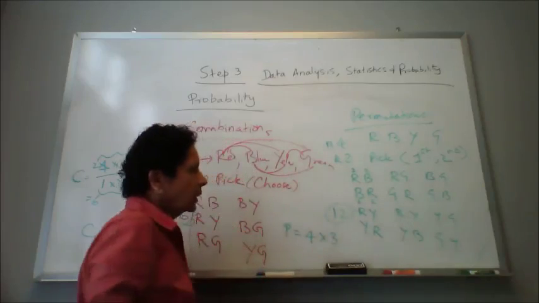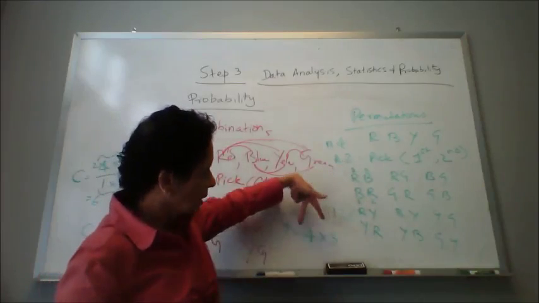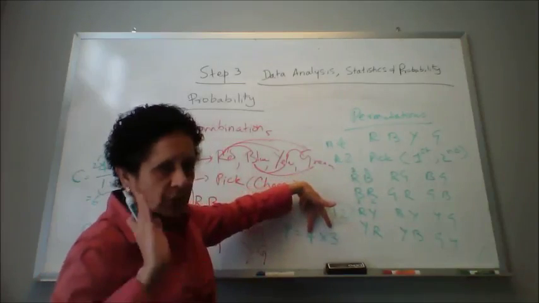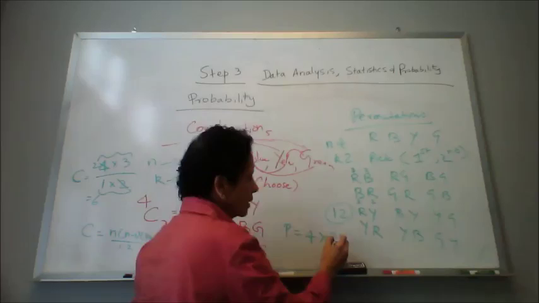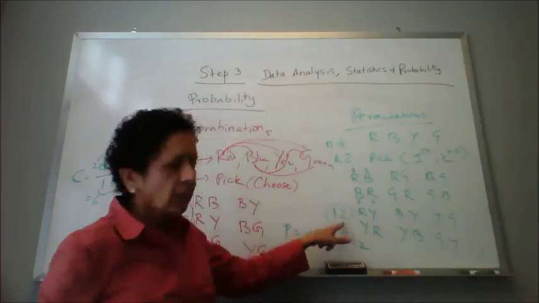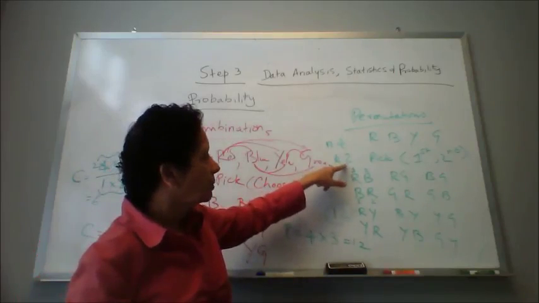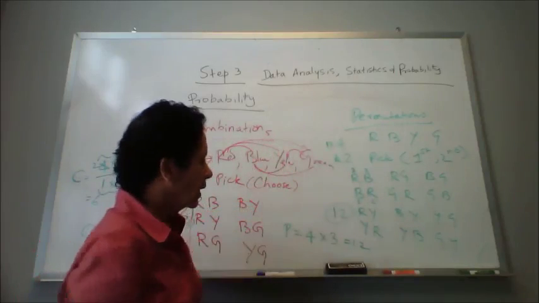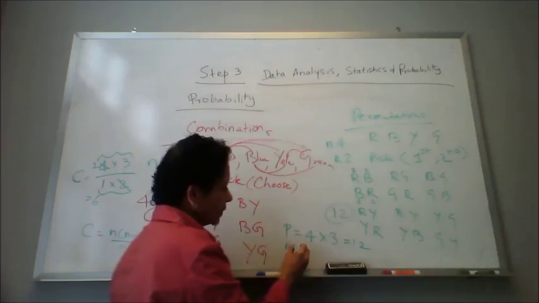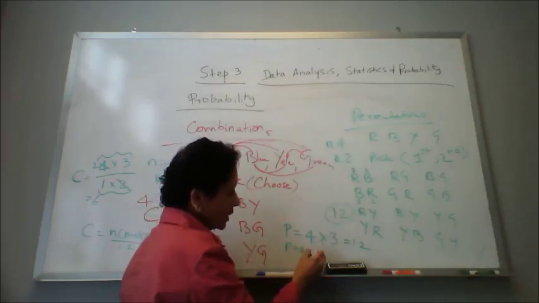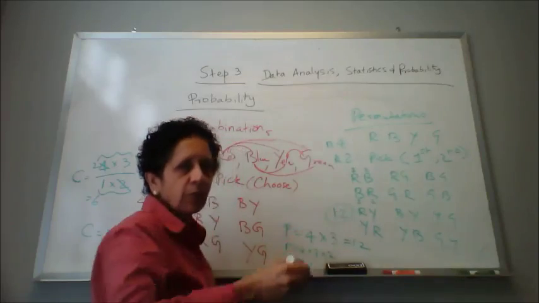If you pick 2, you have 2 numbers and you stop. 4 times 3 is 12, and that's what you got. If k equals 3, you would have gotten 4 times 3 times 2, going 3 times.